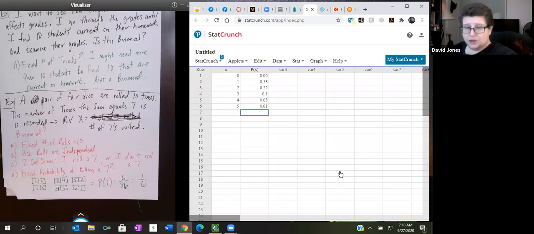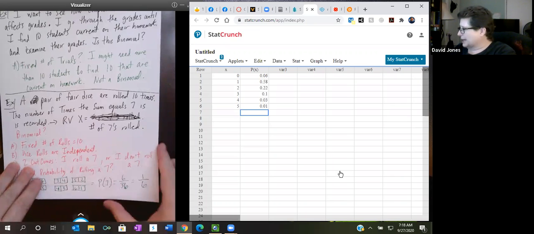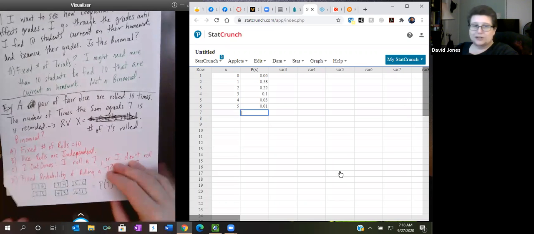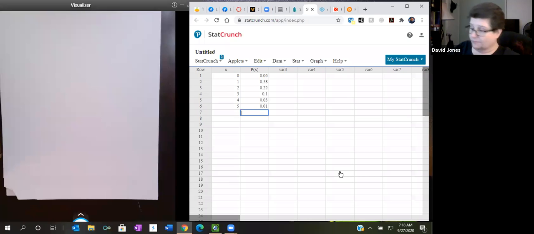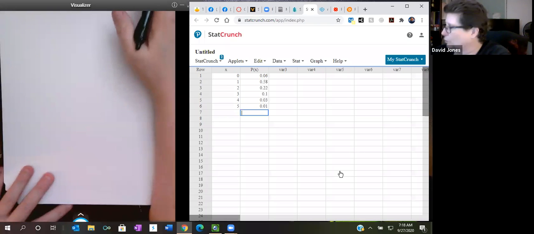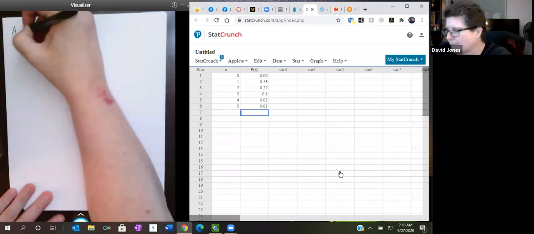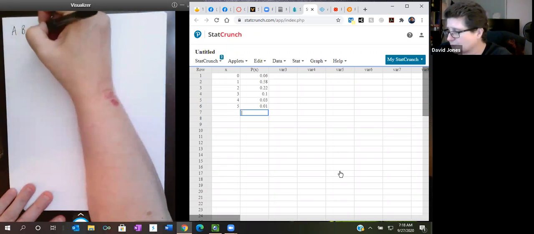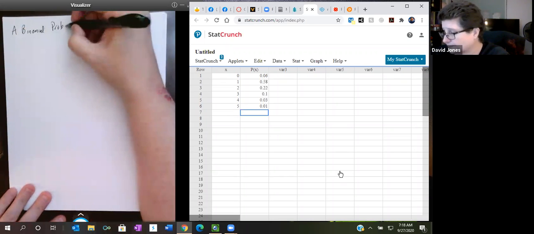So I'm going to show you the formula for a binomial distribution. And you can do this by hand, and then you're going to see that you don't want to. And that's why we'll do it in StatCrunch. So assuming a binomial probability distribution, how can we calculate the probability?